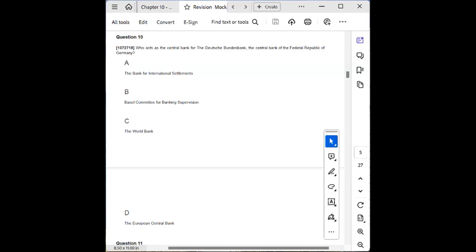The Central Bank of the Federal Republic of Germany. Right? Now the question is, who acts as a central bank for the Central Bank of Germany? Most of you have given the answer, the Bank for International Settlement, BIS.